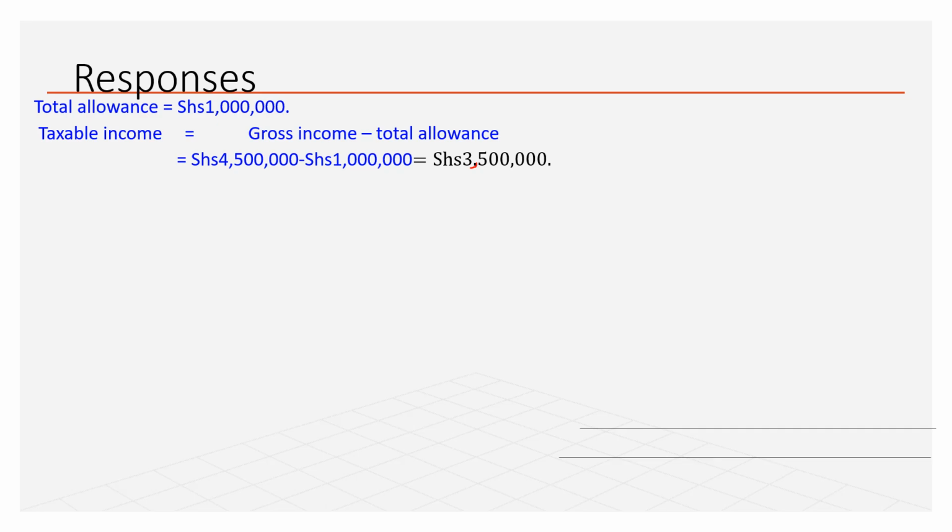From the 4.5 million, they are removing the allowance of 1 million, and the remaining money is to be subjected to taxation. So they are going to remove a tax from this, and after removing the tax, the balance is what we call the take home.